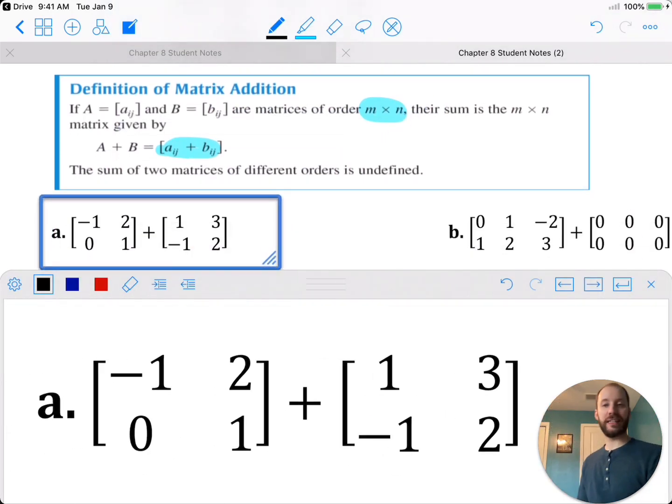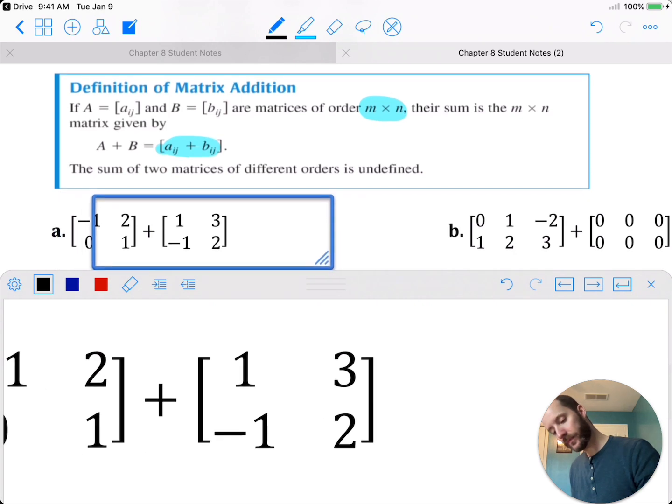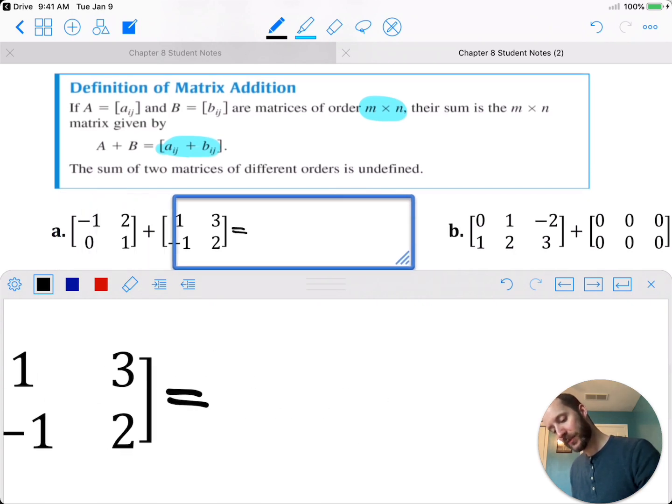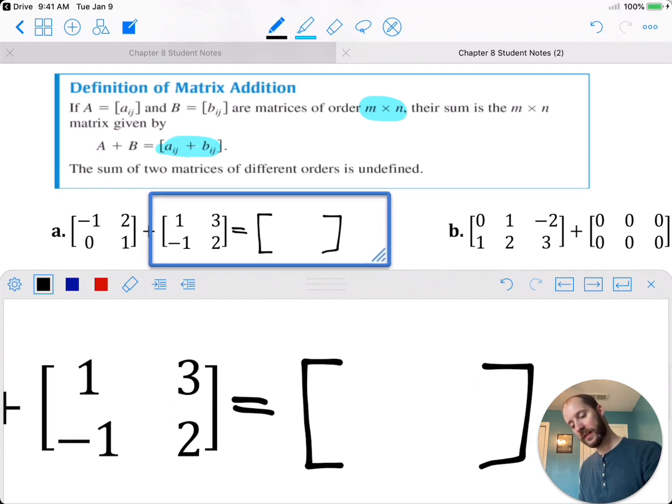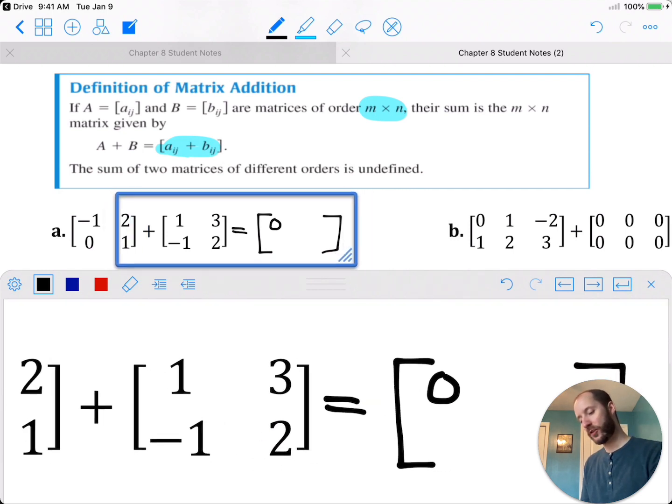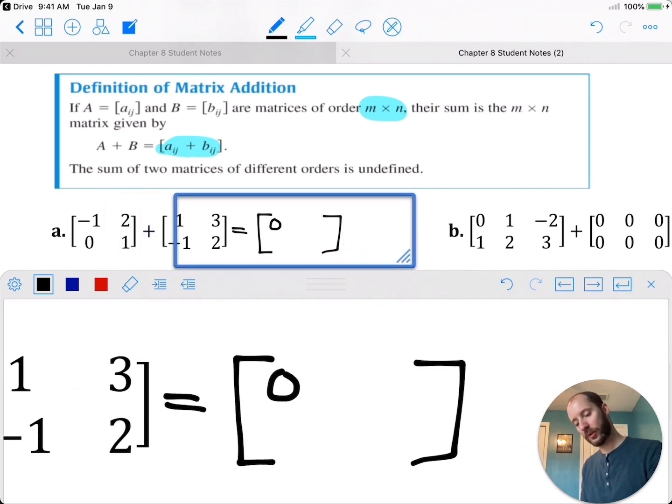So we look at example A. Both matrices are order 2 by 2. So to add them together, just add the corresponding entries. The entries from the first row, first column, -1 and 1, is 0. Entries from the first row, second column, 2 and 3, 5.